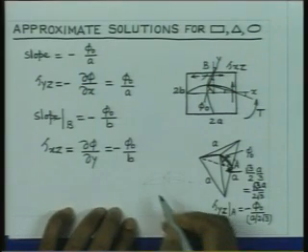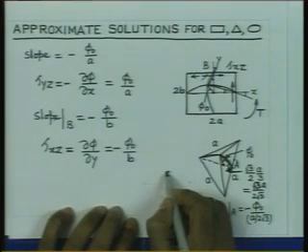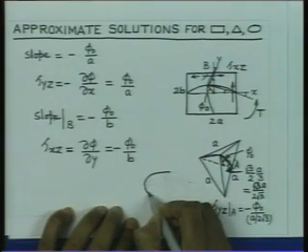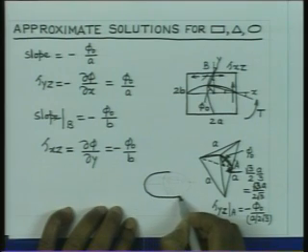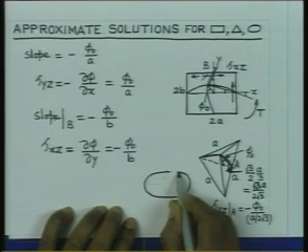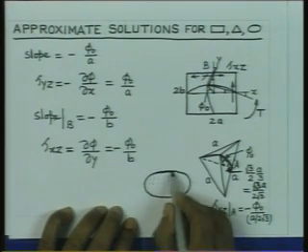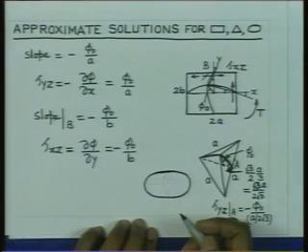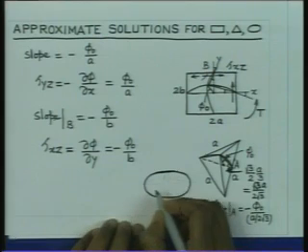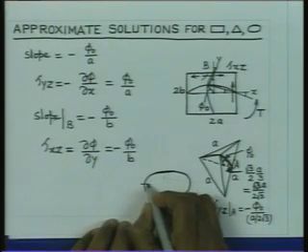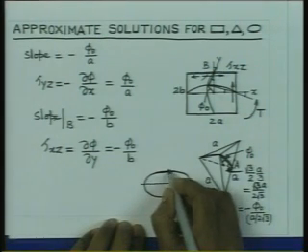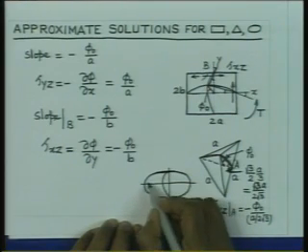For the elliptical section, if you consider the elliptical section, the surface of the membrane is going to be again doubly curved, and if you just see the surface, it is going to look like this.